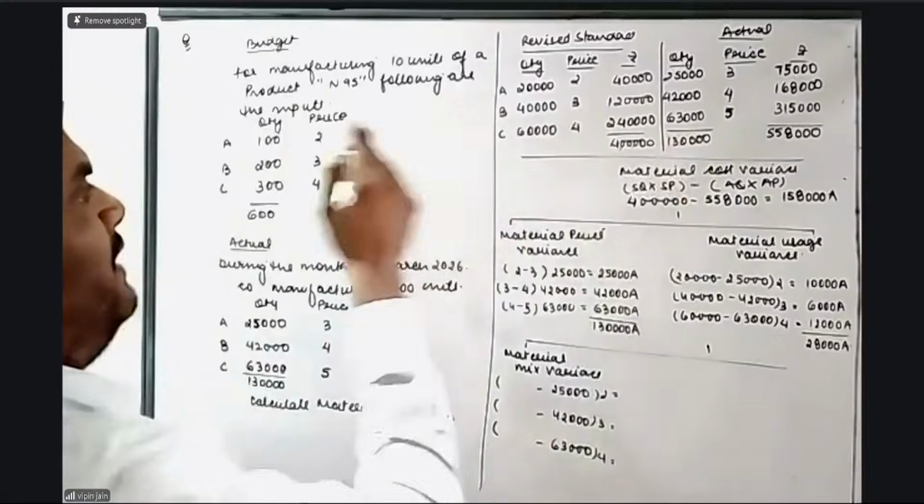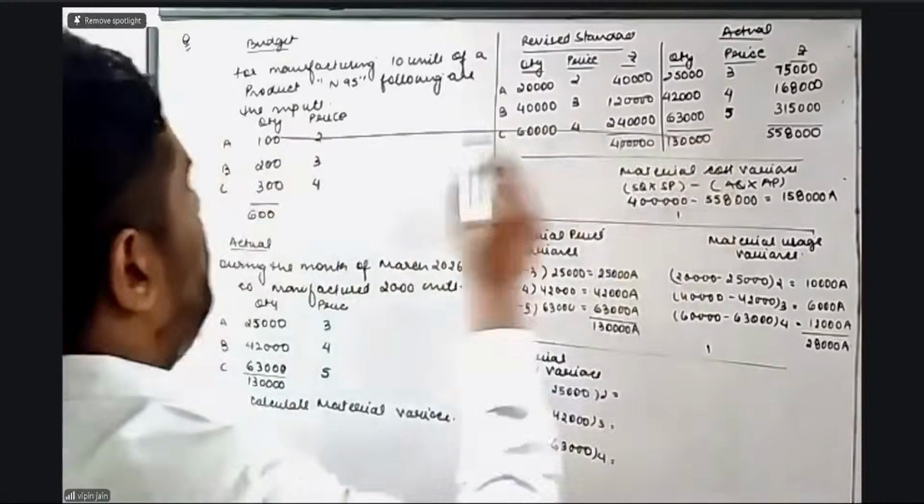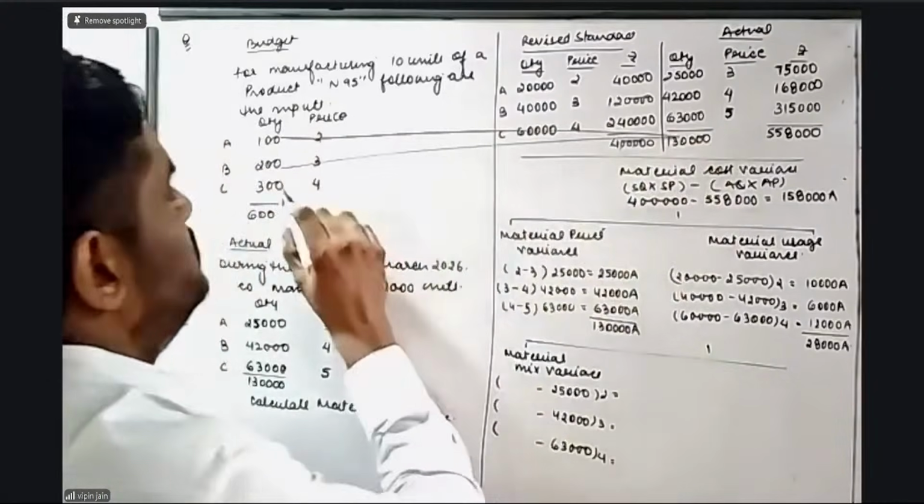So 1,30,000 should be in the ratio of 1 is to 2 is to 3.